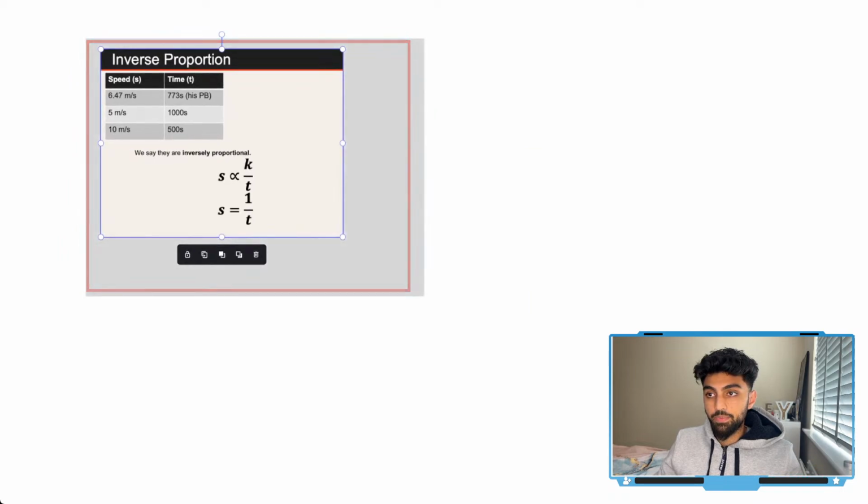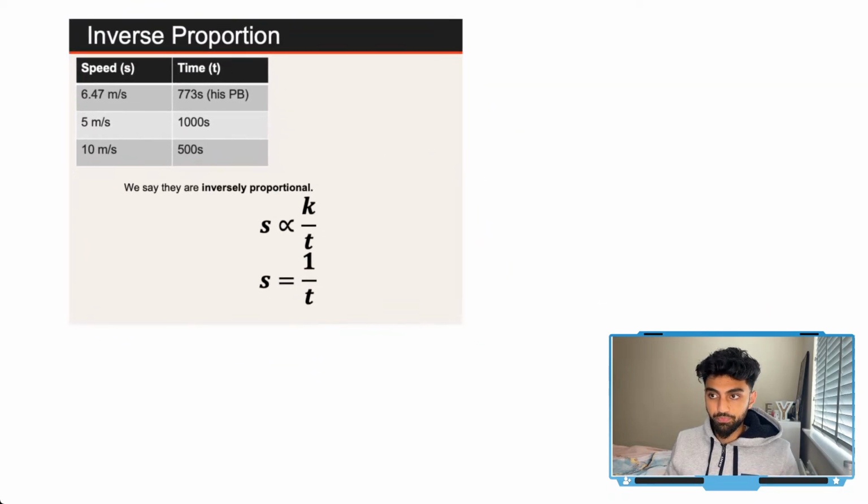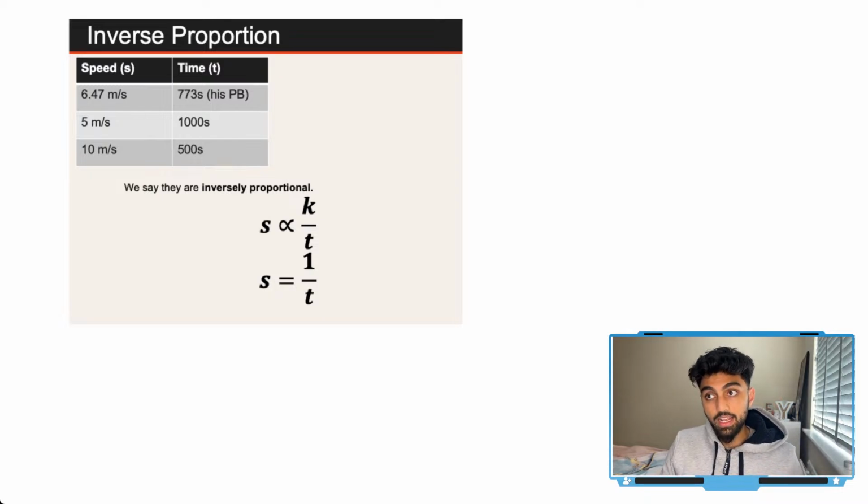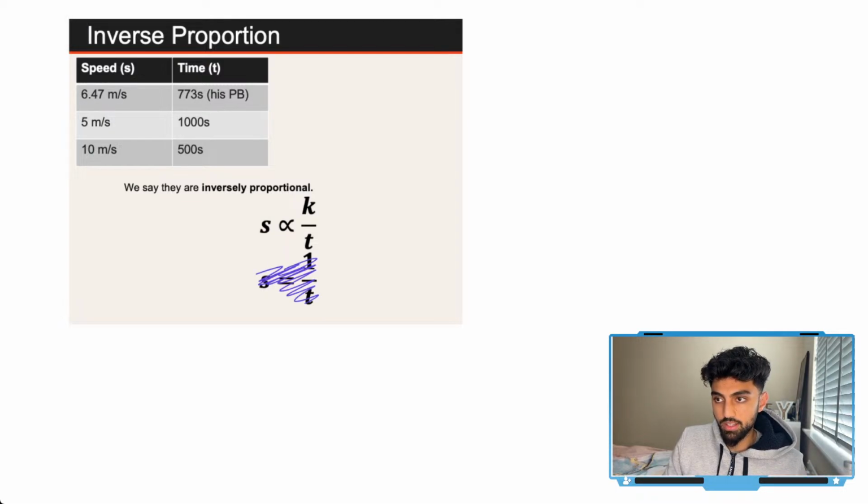Here is the general equation. When we talk about inverse proportionality, because it's in the realm of speed and time, the equation that I want you to write to find k is S is proportional to k over t. Ignore this, this is the more general one I want you to think of. This sign just means directly proportional to, so you can have it as an equal to sign.